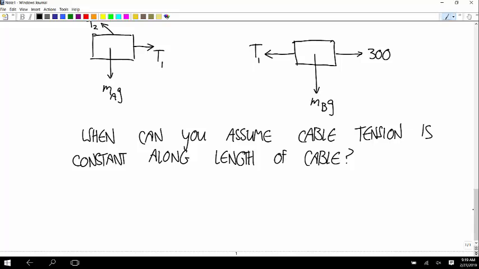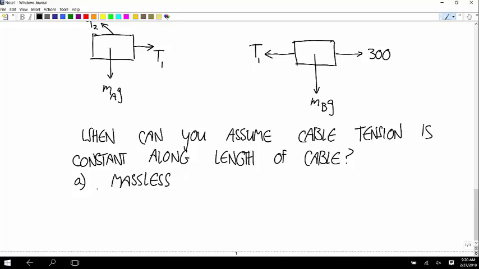Or what are the assumptions that we're making there? Yes, that is. And if the cable doesn't make contact with anything else in between, then that's the only one. So that's assuming that the cable is massless. Obviously, a cable is never massless. So when would you make that assumption? When the tension forces in the cable are a lot bigger than the mass of the cable.